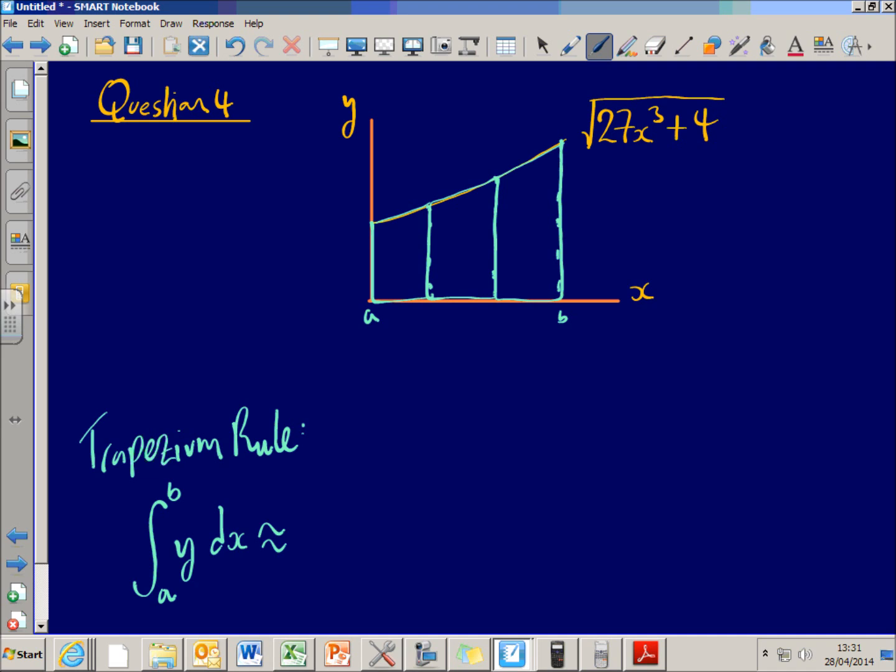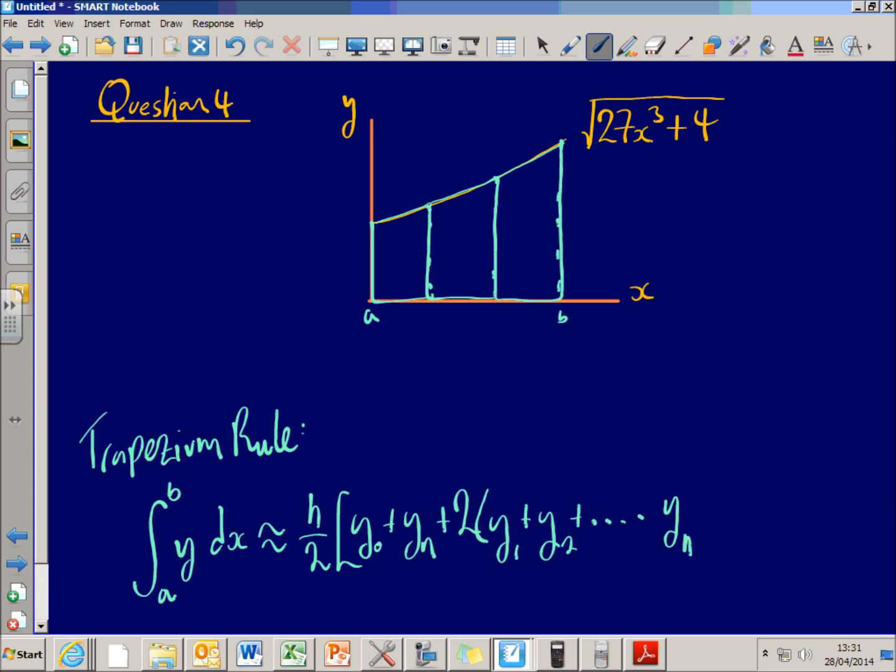It says half of h, so h over 2, and then you multiply y0 plus yn, and then it's plus 2 lots of everything else. So that's the trapezium rule right there.